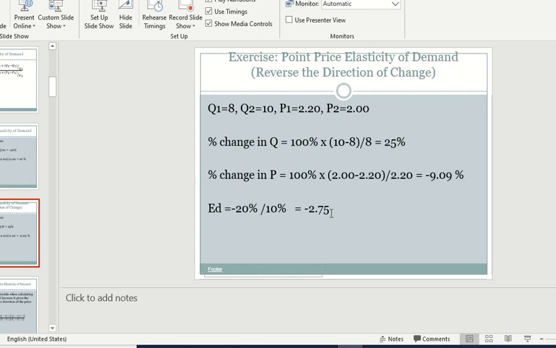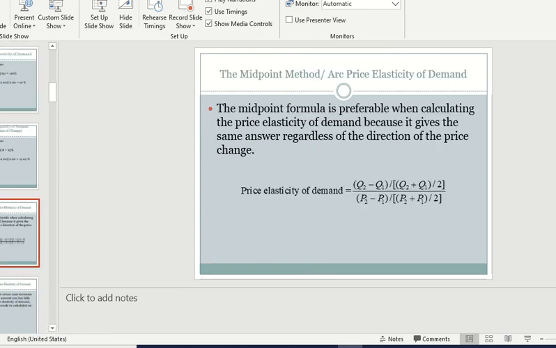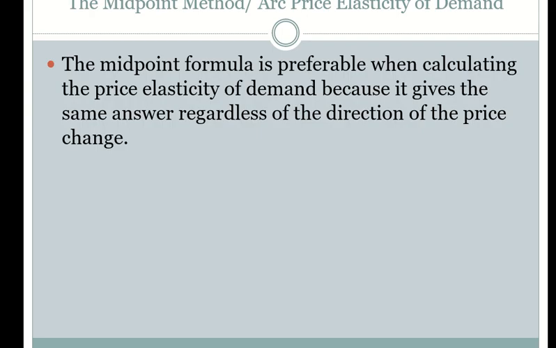And also, a lot of times, all a business person wants to know is how price elastic a product is. It doesn't make sense to have two measures to measure the same sensitivity to the price. So as a result, in economics applications, whenever possible, we will try to use the midpoint method.